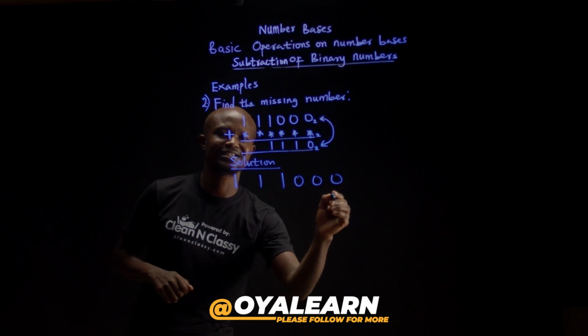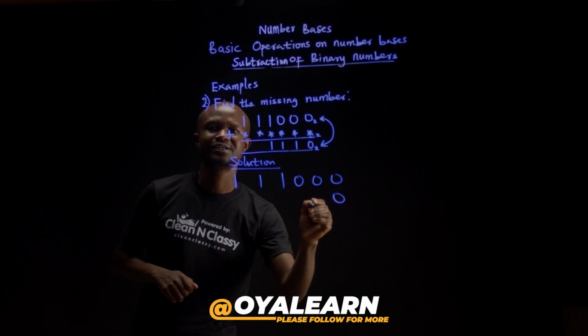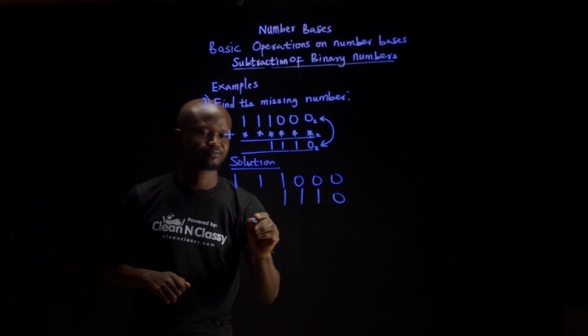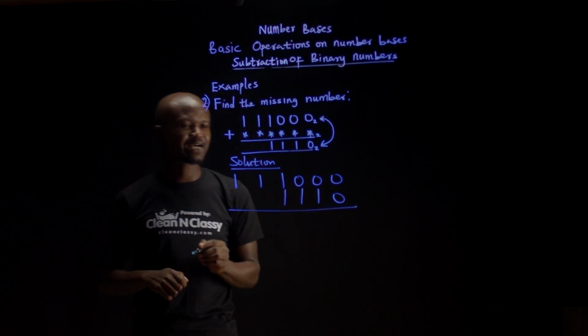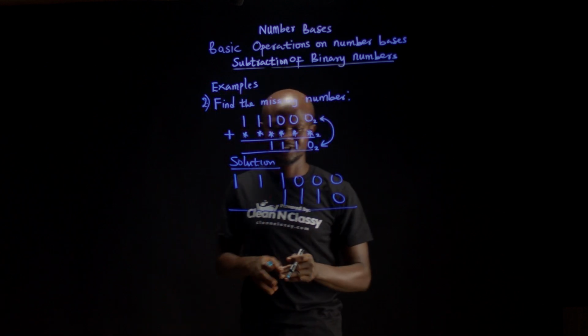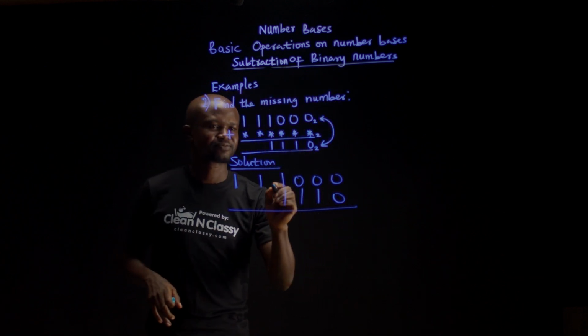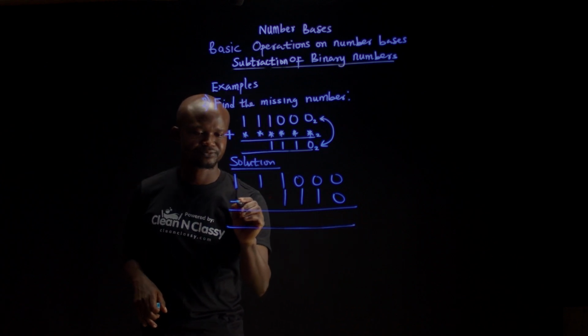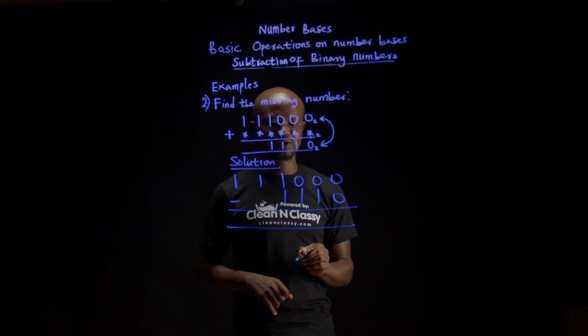So what do we have here? This is 0. Then we have 1, 1, 1. Don't forget positioning based on the place value. It's very important. So we take away. So taking away, what do we have?